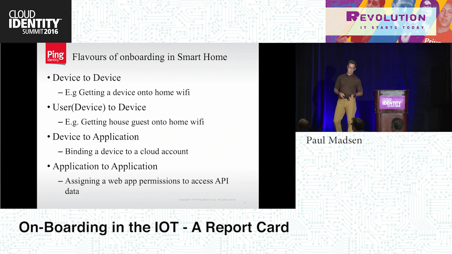How do I provision one application with credentials and permissions against another? The last, I think, is where we have made the most progress on the web. I mean, that's delegated authorization, that's OAuth 2. We understand that, and it's working for us. I think the opportunity and the challenge is to apply the mechanisms of the fourth to these other three. And that's the work that needs to be done, I would argue.